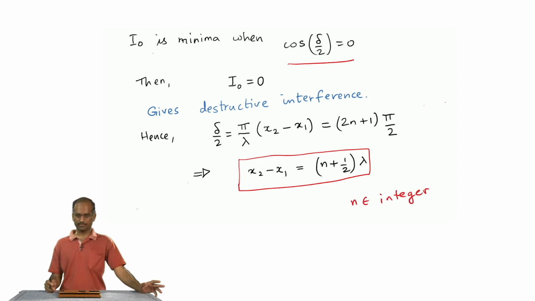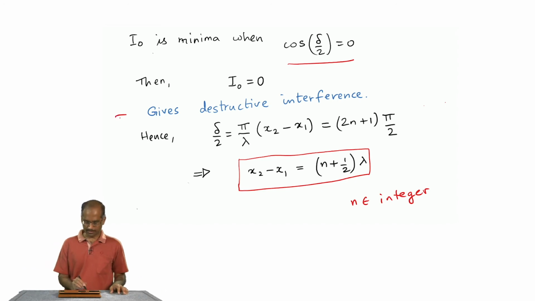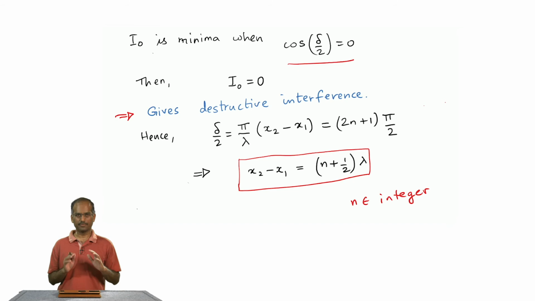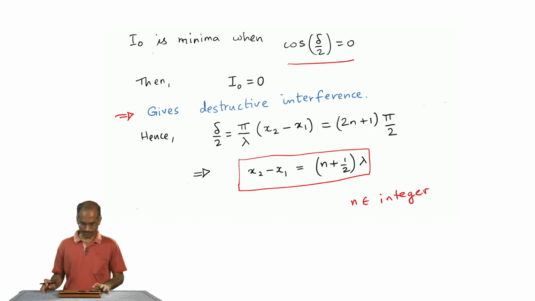X2 minus x1, which is simply the path difference, is equal to n plus half times lambda. So, this is the condition for destructive interference, will give you 0 intensity.